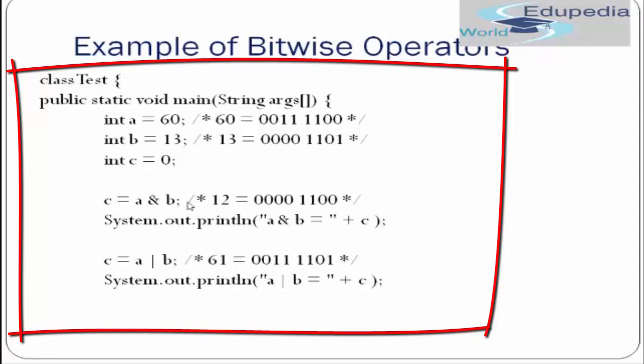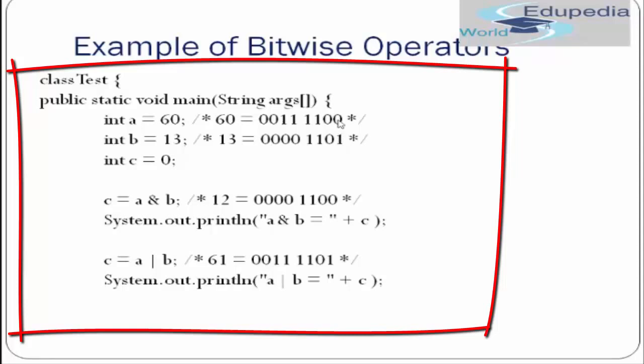Basically, what do you think would be the output of c? In c, it will give you the output of a and b only if a and b are both 1. So you have to go through each bit.